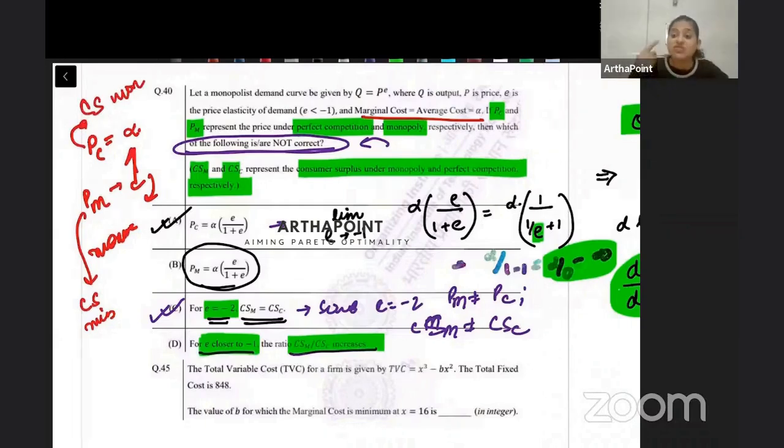So which means that this ratio will be very, very high, the ratio of the two things, minimum by maximum. So this is correct, that as you go closer and closer to it, the ratio will be affected. The ratio will accordingly change. So the only two statements that are incorrect is A and C.